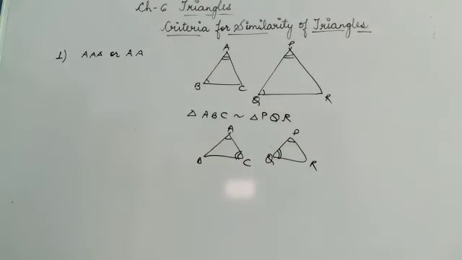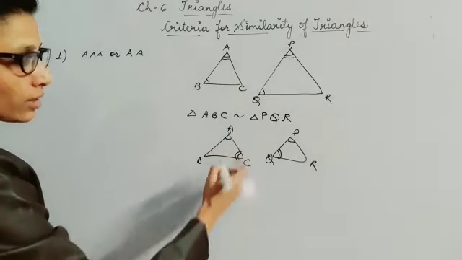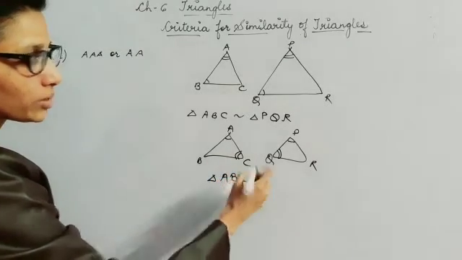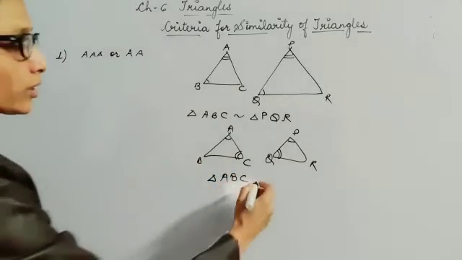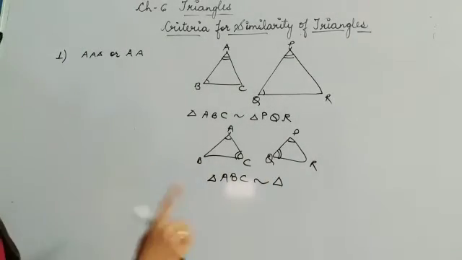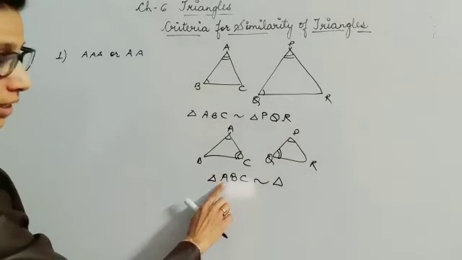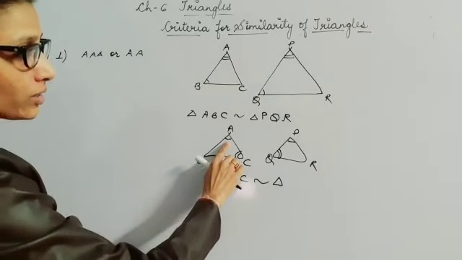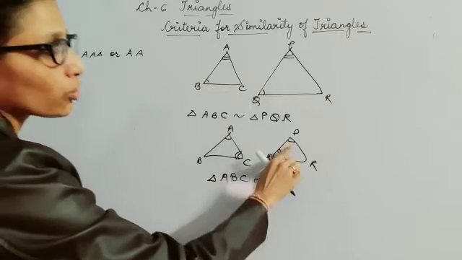Alright. Now how are you going to write the similar triangles? You are going to write it like this. The first triangle you can write ABC or in any order you want. But when you are writing the second triangle, you have to keep in mind that if I have taken A here, then A is equal to which corresponding angle?